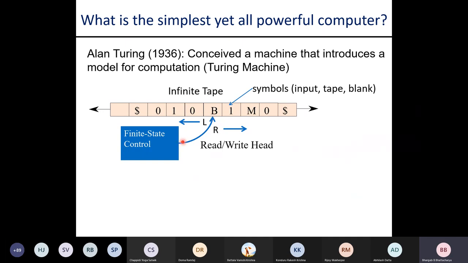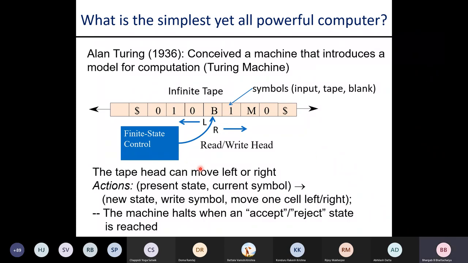At an instant of time, it settles on a particular cell, so it can read whatever symbol is there. If necessary, it can move one cell left or right, and it can write some symbols from the defined alphabet. So that's all. Nothing else you need.